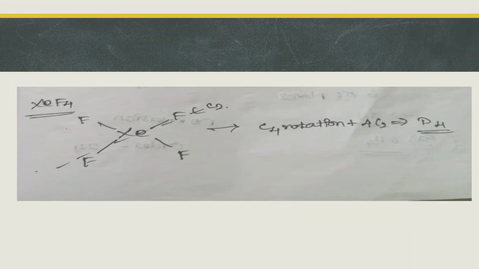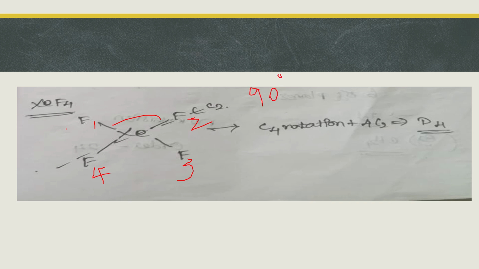Next, we have the example of XeF4. XeF4 also has 4 C2 rotations and 1 C4 rotation. We rotate the molecule, like if this is F1, this is F2, this is F3, this is F4. Up to 4 rotations in steps of 90 degrees, we rotate the molecule and get back to its original position.